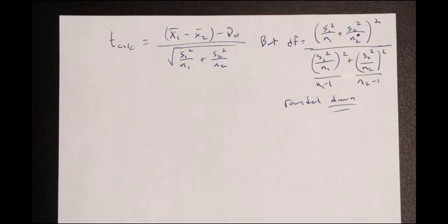That's my estimate. So for the GPA problem, that was negative 0.2. And I build the confidence interval around that. If 0 is in the confidence interval, then I don't reject my null hypothesis. Because it could be that they're equal. If 0 is outside my confidence interval, then I can reject.